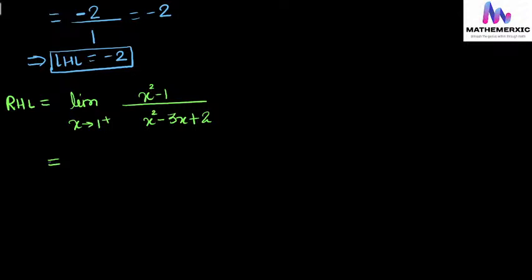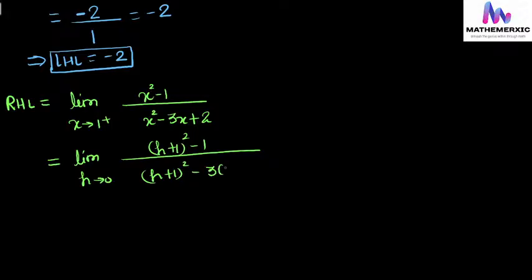In the case of RHL, it is 1 plus, so we will write 1 plus h here. That is fine. So let us understand this. H tends to 0, which will be (h plus 1) whole square minus 1 upon (h plus 1) whole square minus 3(h plus 1) plus 2.